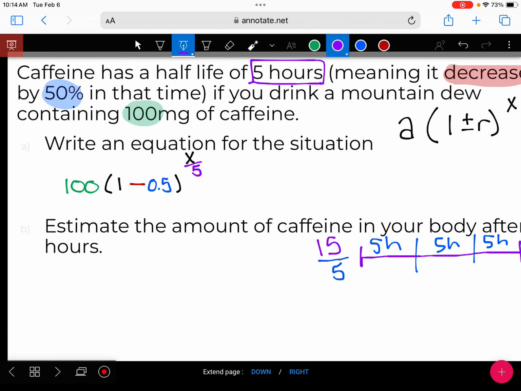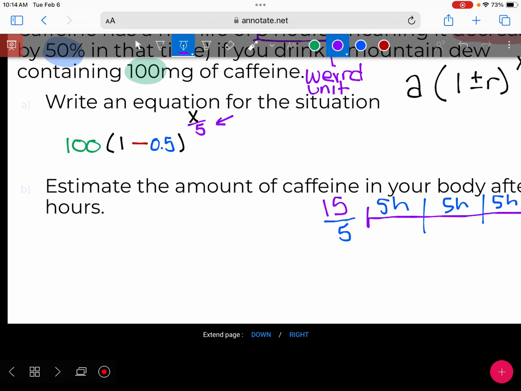Whenever we have a weird unit, we're counting by 5s. Whenever we have a weird unit, you're going to divide your exponent by that weird unit. We did one like that yesterday, but we're going to hit that several times because that's one of the things that people forget most frequently.